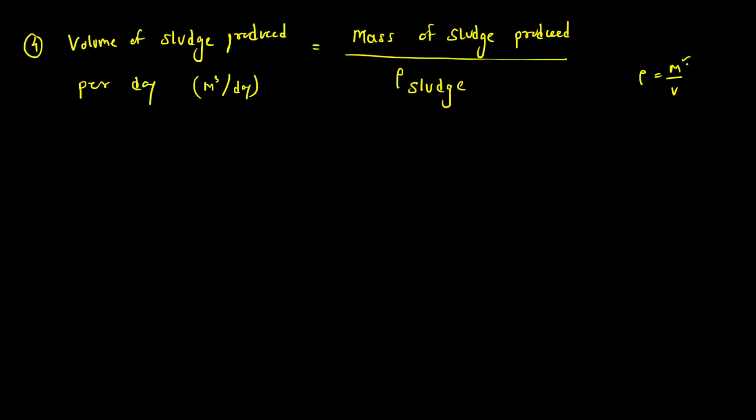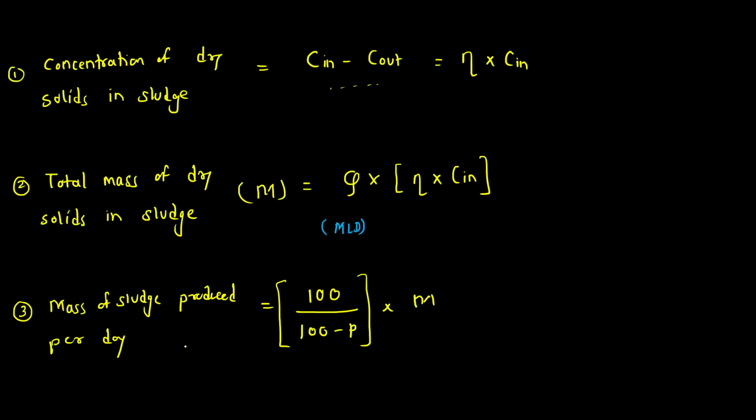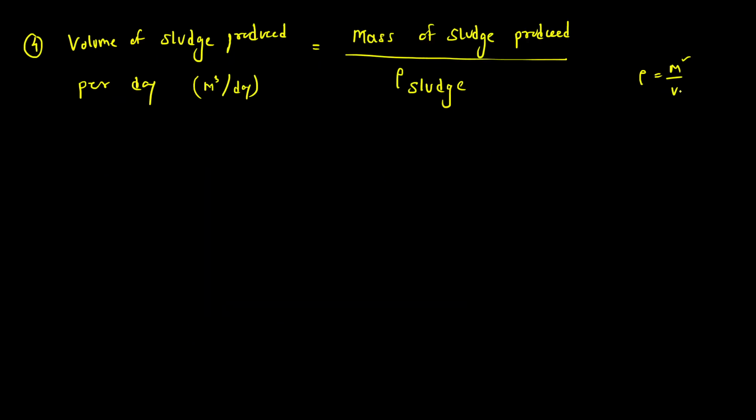Okay, so this mass we have calculated in the previous one, mass of sludge produced. So if we want to find out the volume, how can we write volume? Just shift it here. Volume will be equal to mass divided by density.